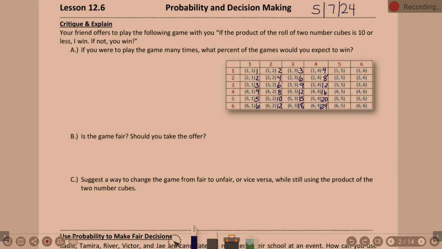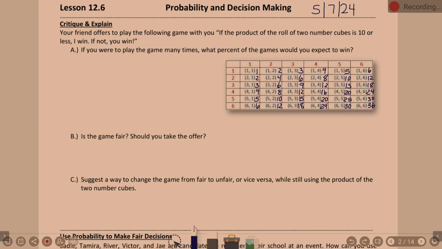Okay, 5s. 1 times 5 is 5. 2 5s, 10, 15, 20, 25, and 30. Not that you'd have to write these all out, but as we look at questions, it's going to help us see them better. And 6s. 6, 12, 18, 24, 30, 36.